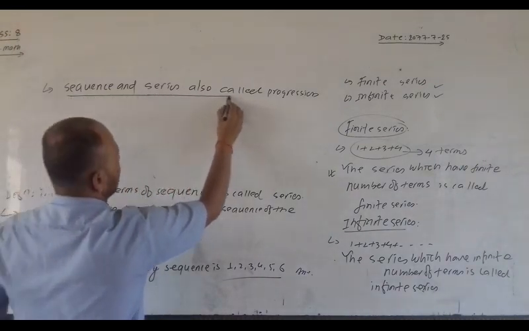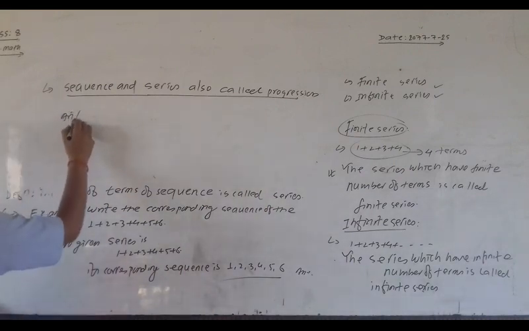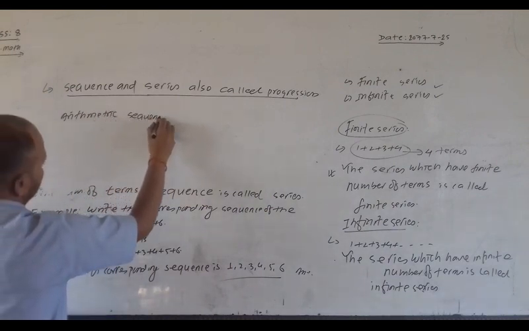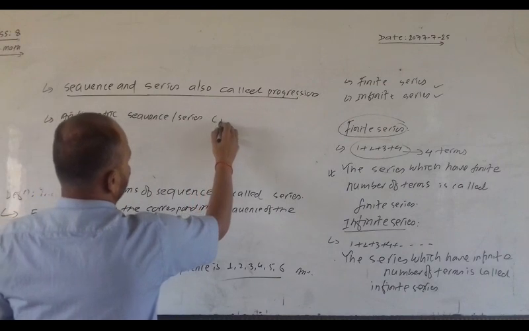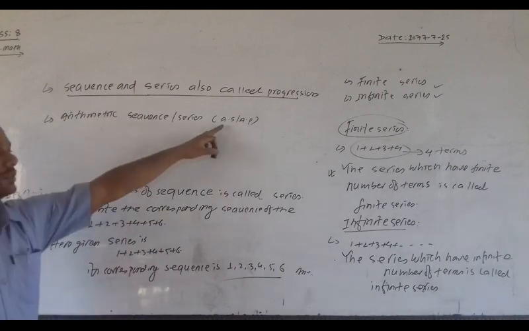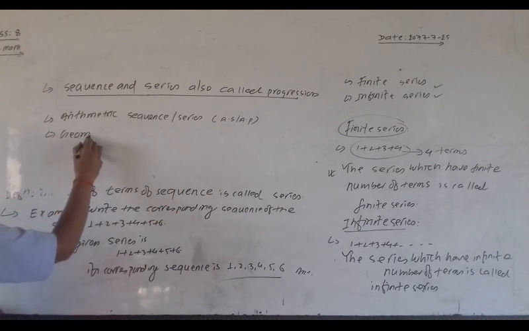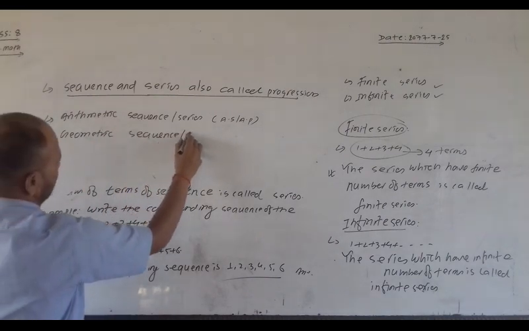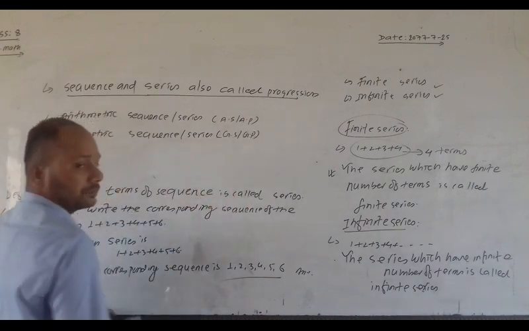Now see my dear students, I am going to write the types of progressions. Arithmetic sequence or series, it is also called progression. It is also called AS or AP. We can easily denote arithmetic sequence or progression; AS and AP both are the same. Then geometric sequence, called GS or GP.